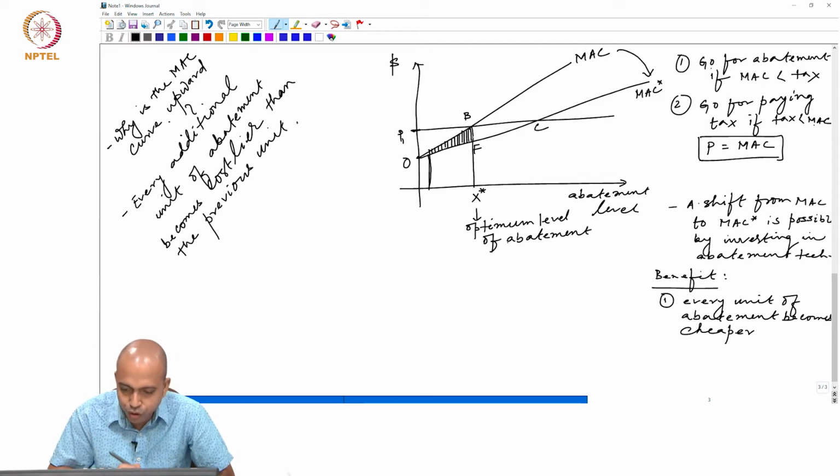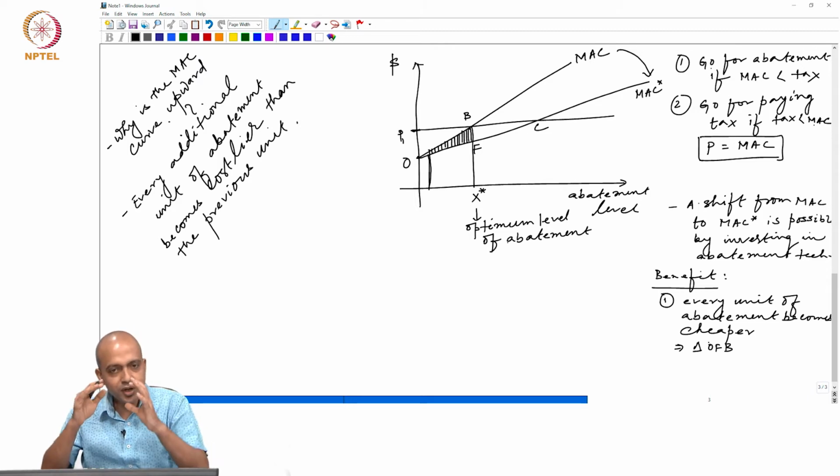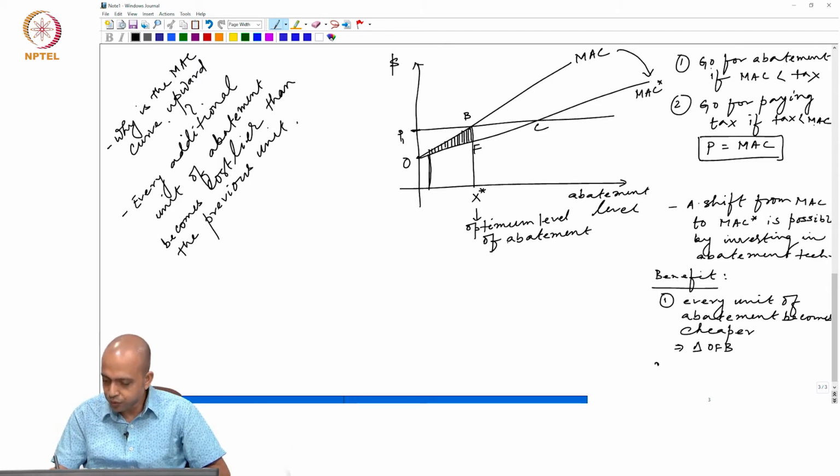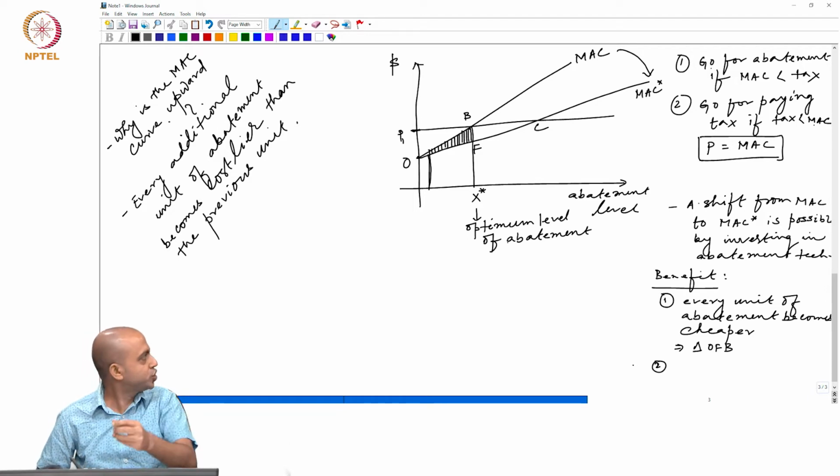If you add all this benefit, it equals the triangle OFB. That is the first component of the benefit, which is generated because every additional unit of abatement becomes cheaper. Okay?